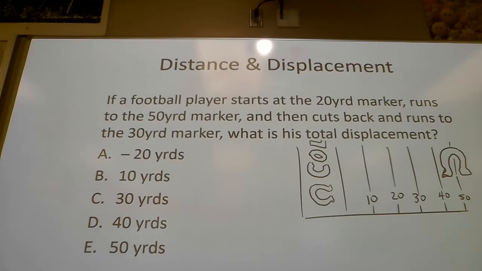You go from, because you start at 20, then you would minus.